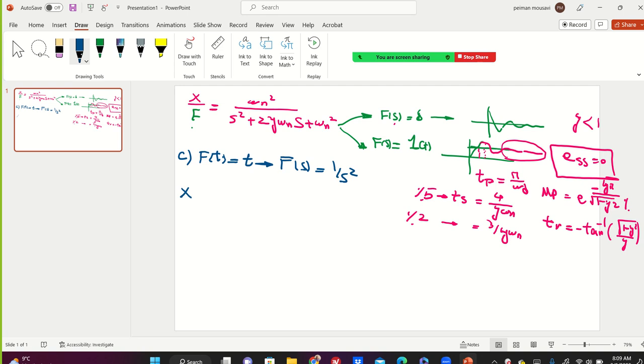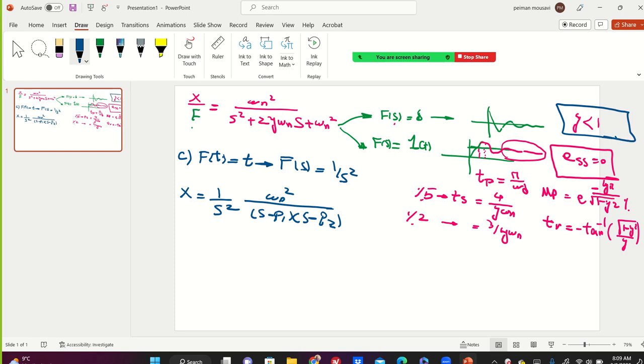So X is going to be 1 over s squared times omega n squared over s minus p1, s minus p2, because we are still in the domain of underdamped second order systems.